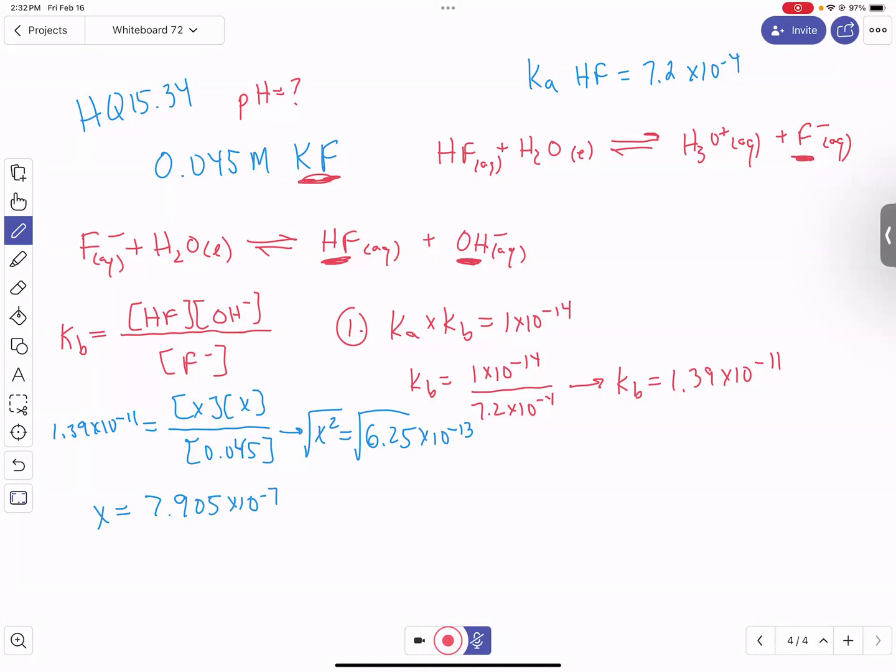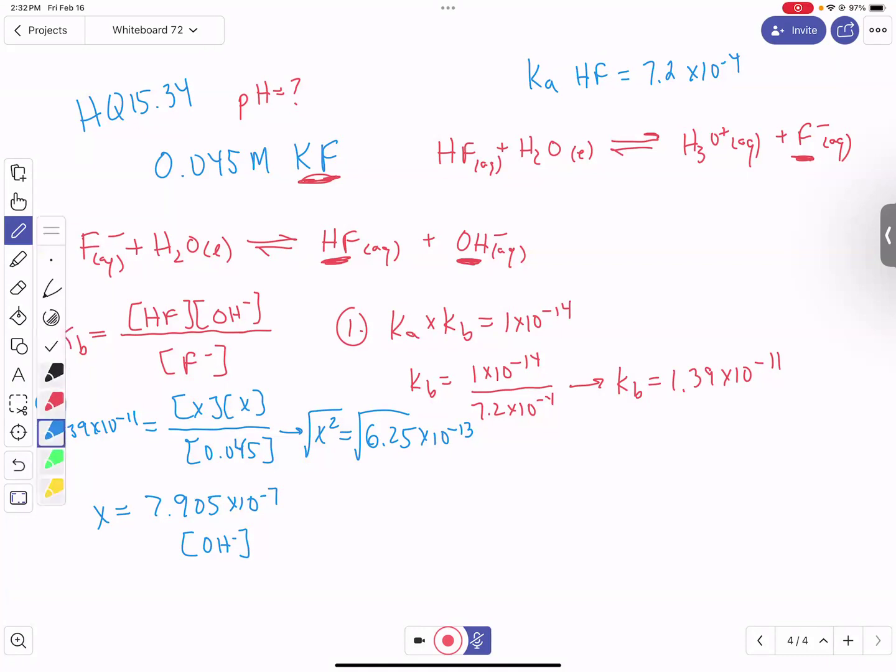What is X? X is our hydroxide concentration. So we want to find pH. We've got a couple different pathways we can take from here. That would have been step 2.